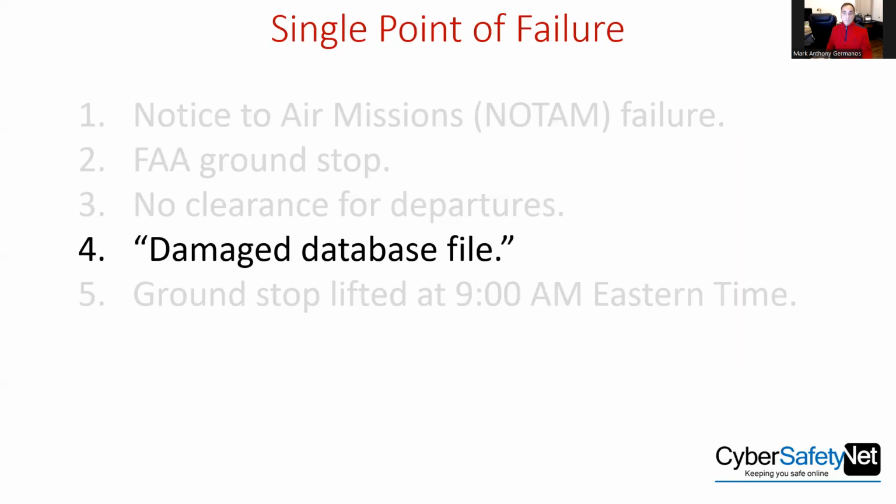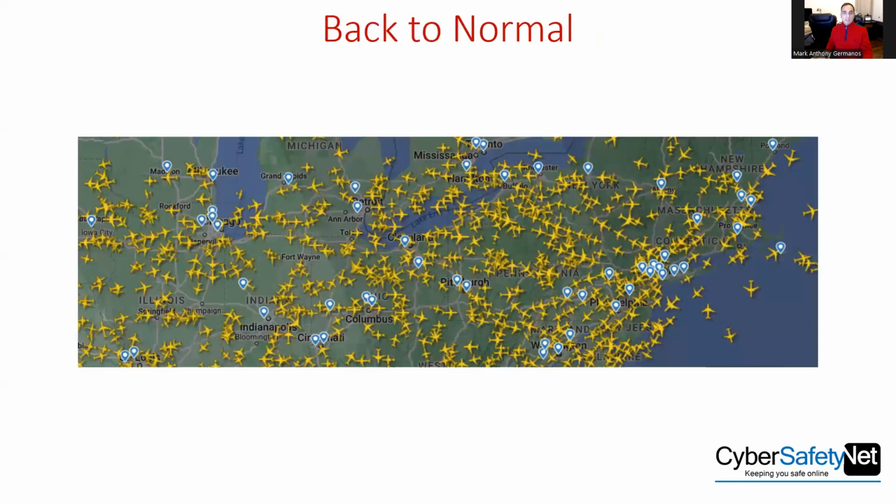What happened was a single point of failure. There was a single database file that was corrupted, and the FAA restarted the server that housed that, and then they were able to get everything back up and running. Redundancy did not happen here. I'm sorry. And that's why hundreds of flights could not depart on time, and air travel in our country was screwed up on Wednesday morning.